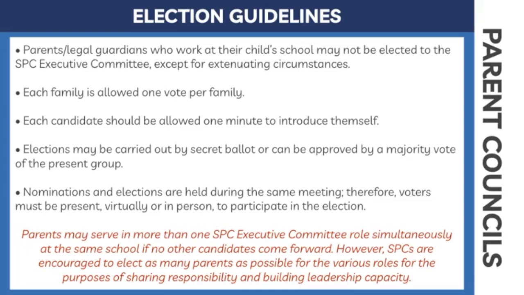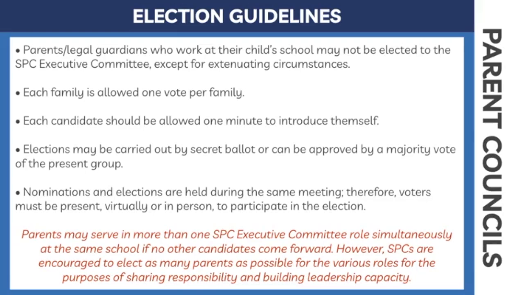Continuing the election guidelines, if a parent works at their child's school, they may not be elected to the school parent council executive committee. Keep in mind that if your school decides to send paper ballots, it is only one paper ballot per family, as each family is allowed one vote.